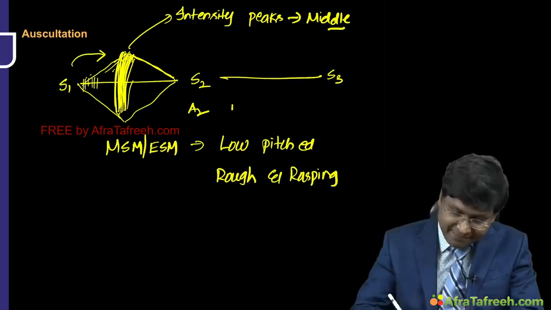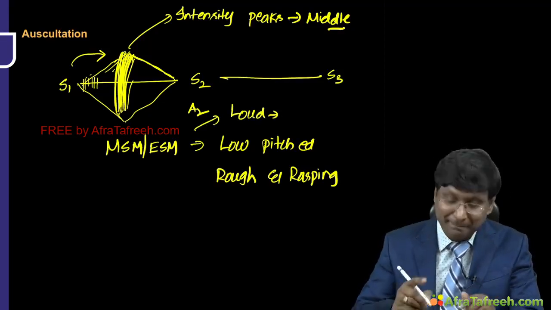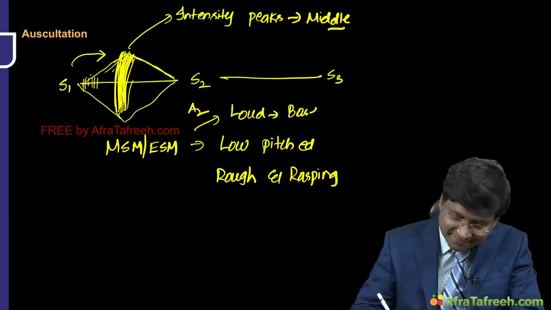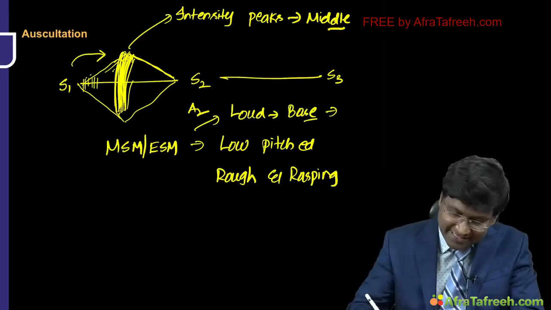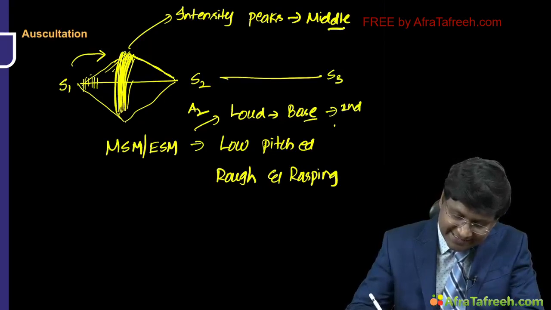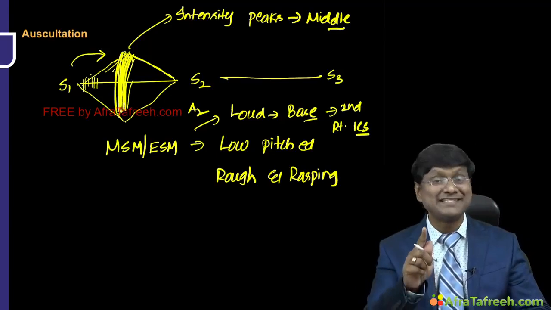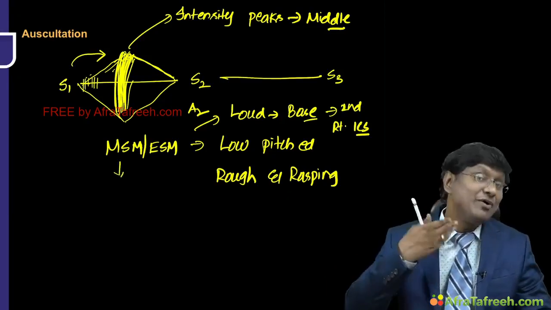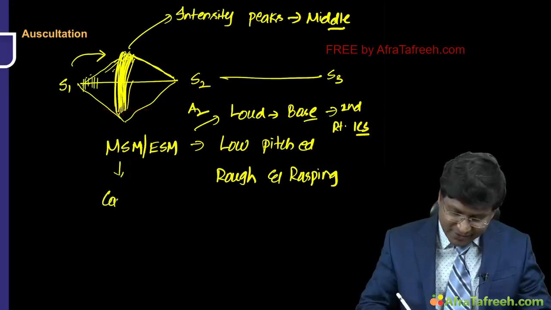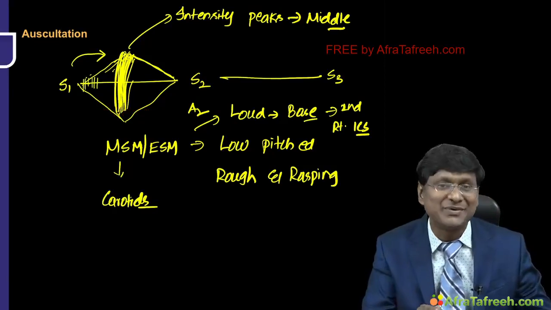This murmur is heard loud at the base of the heart, most commonly in the second right intercostal space. And this particular murmur will also radiate to the carotids.